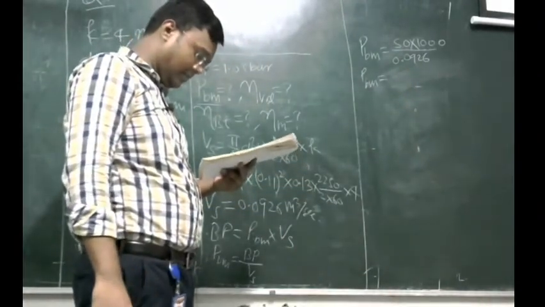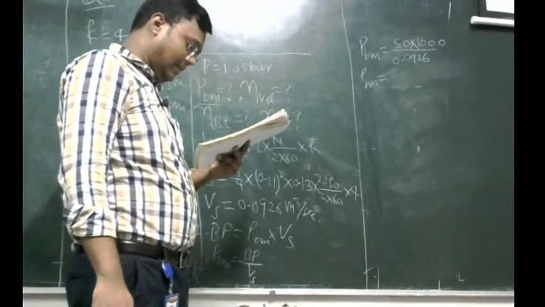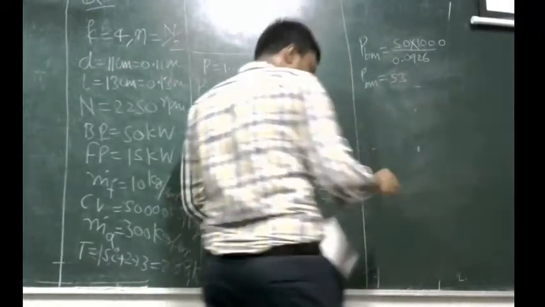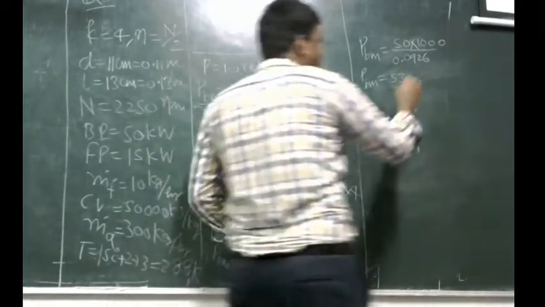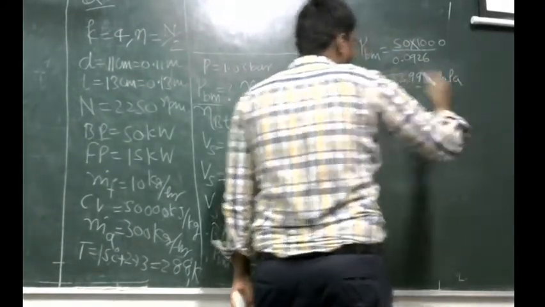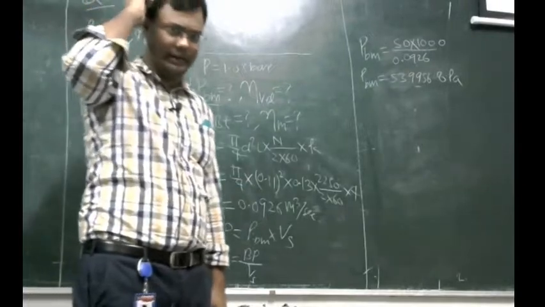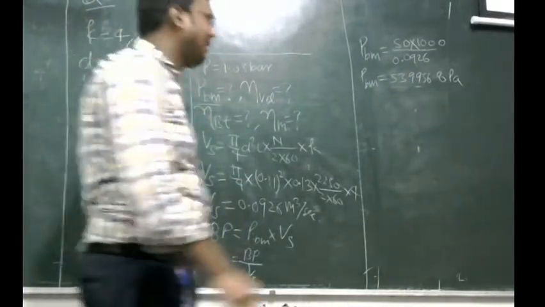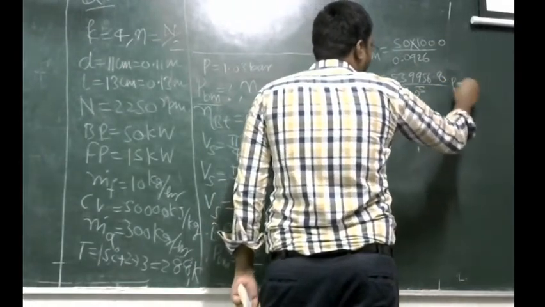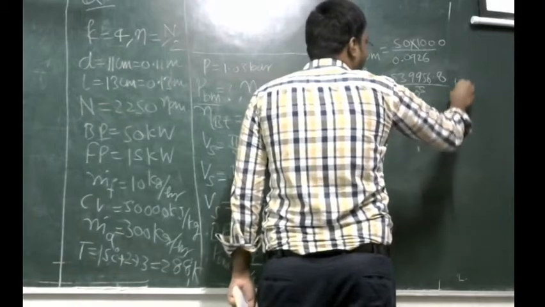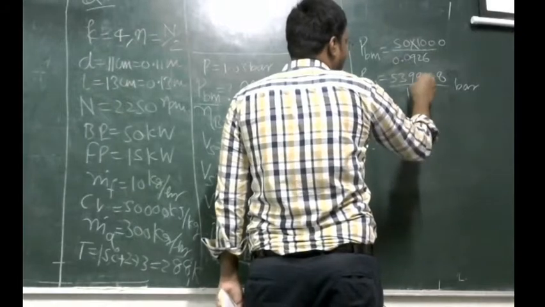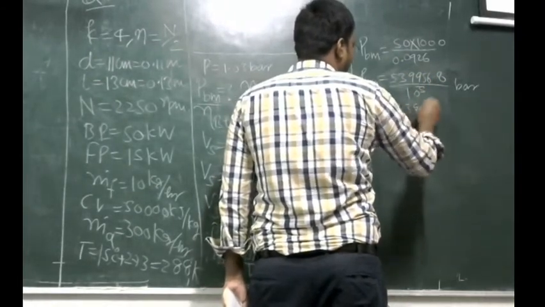So in Pascal it becomes 539,956.8 Pascal. If we want to convert to bar, we divide by 10 to the power 5, because 1 bar is 10 to the power 5 Pascal. So we get the value in bar equal to 5.399 bar.